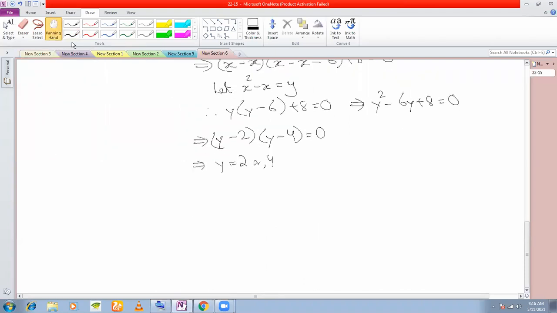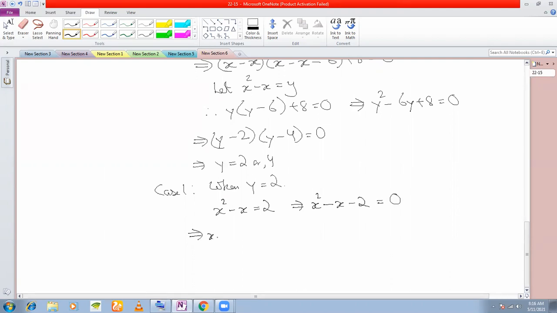We have two values of y. We work with both the values. Case 1, when y equal to 2, we had assumed x square minus x equal to y, so x square minus x is equal to 2. That means now this is a quadratic, x square minus x minus 2 equal to 0.